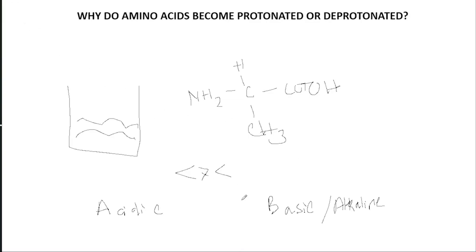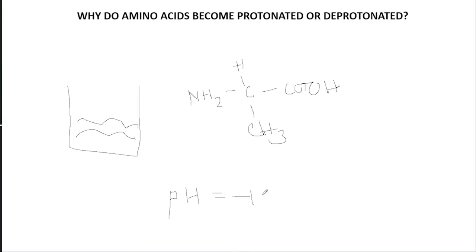So for this, we must know that when a solution has a pH less than 7, what does it mean? If we remember, the pH formula is the minus logarithmic value of the H plus concentration.